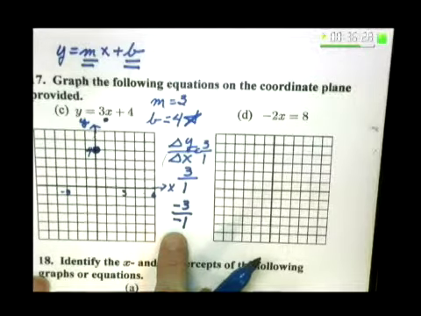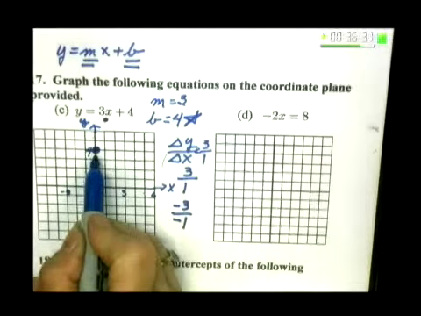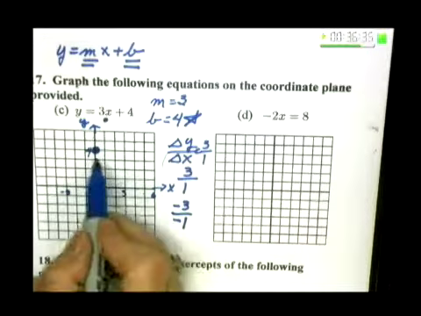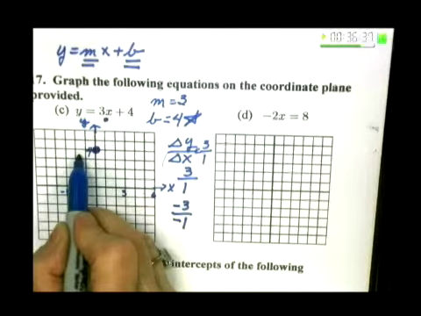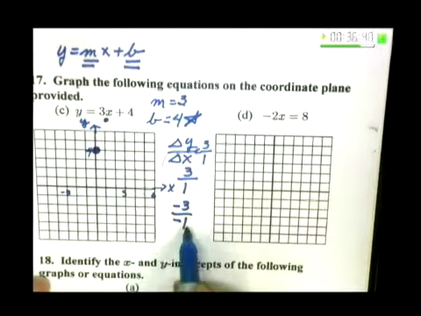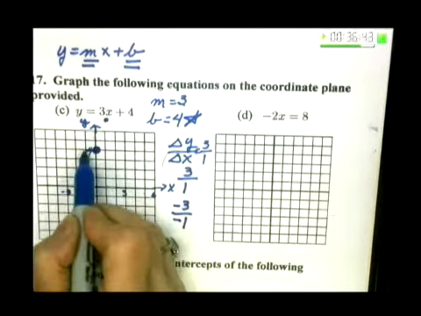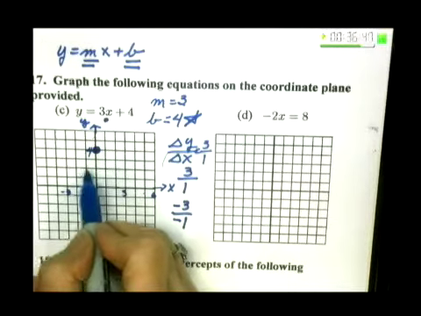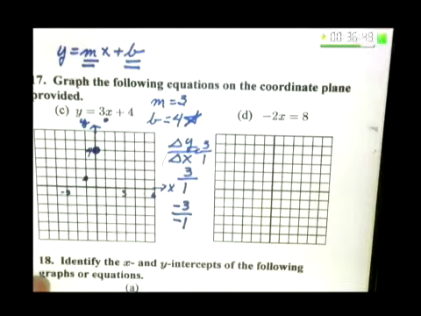So I'm going to go -1 on x from my y-intercept, and then I'm going to go -3 on y. 1, 2, 3.